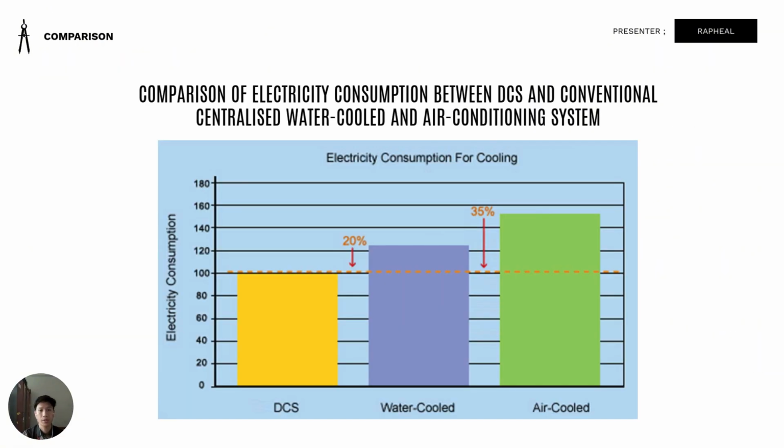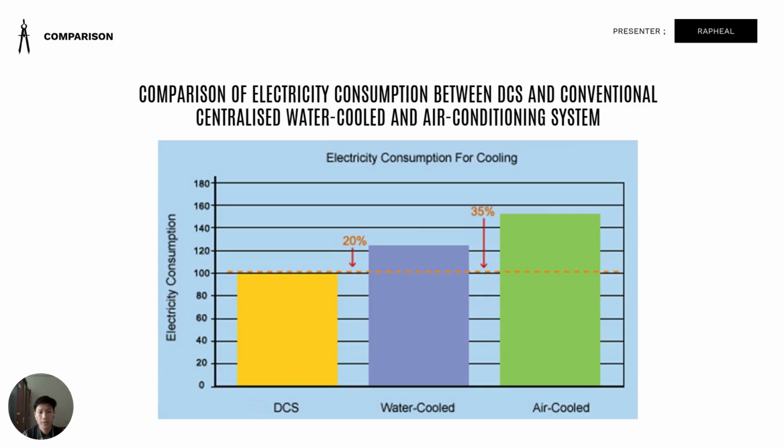Next is the comparison between DCS and the conventional centralized water cooled and air cooled systems. As you can see, the air cooled electricity consumption is higher than the two other systems, which are DCS and water cooled.